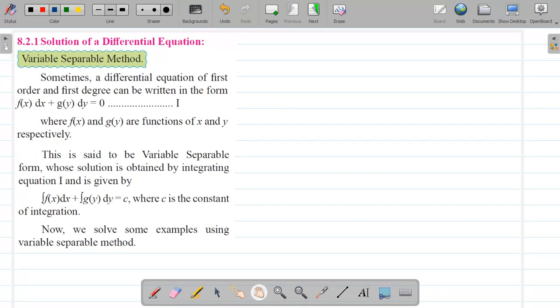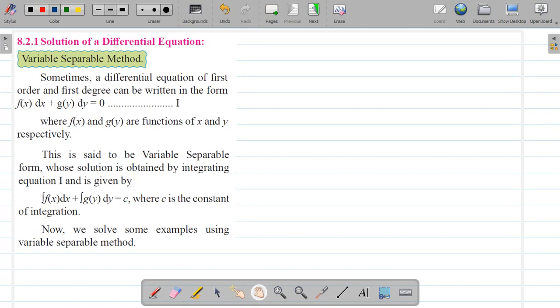If variable separation is possible, then this method is called the variable separable method. And if you get the differential equation in variable separable form, then the solution can be obtained by integrating equation number 1. So if you integrate, you will get the solution of the given differential equation.